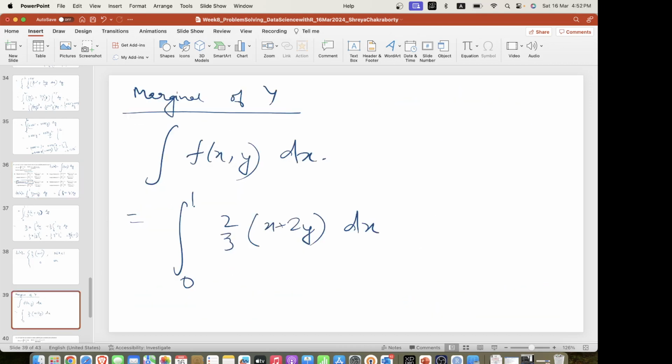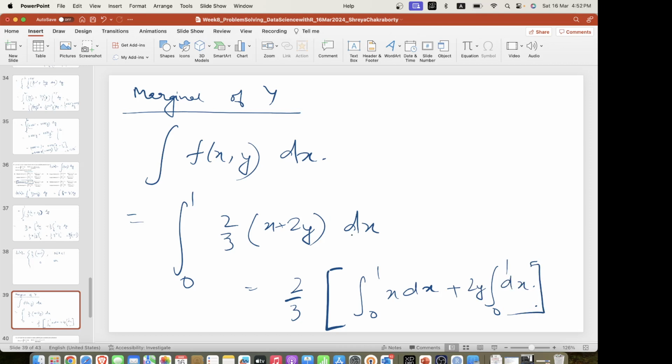So again, if we do this, this is 2/3 (x plus 2y), so 2/3 we will take common. If we just take it out, we have integration 0 to 1 of x dx plus integration 0 to 1 of 2y dx. Got it? Because we are integrating over dx, y is a constant, so that will come out.